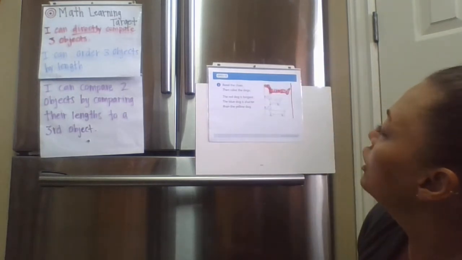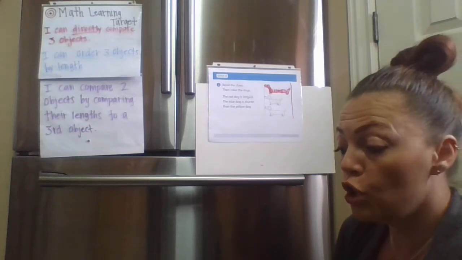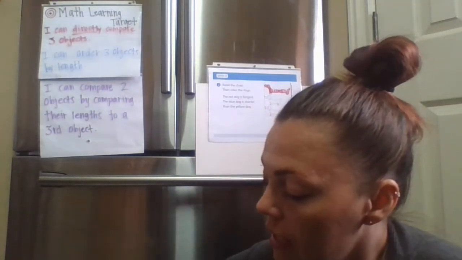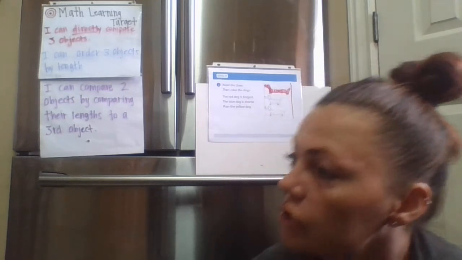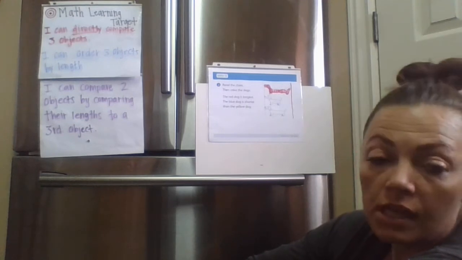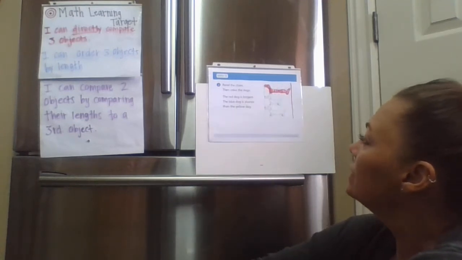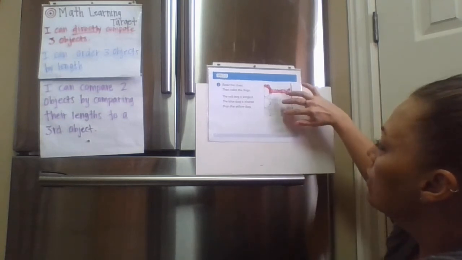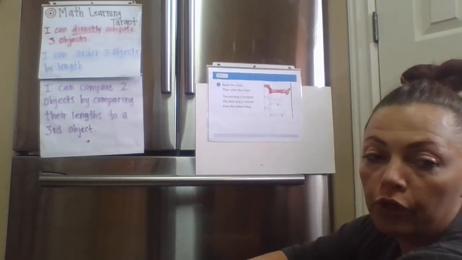Then it says the blue dog is shorter than the yellow dog. Well, we only have 2 dogs left. I don't have yellow, so I'm going to use orange. We only have 2 dogs left because we know this is the red dog. And it says the blue dog is shorter. So out of these 2 dogs, which one is shorter?